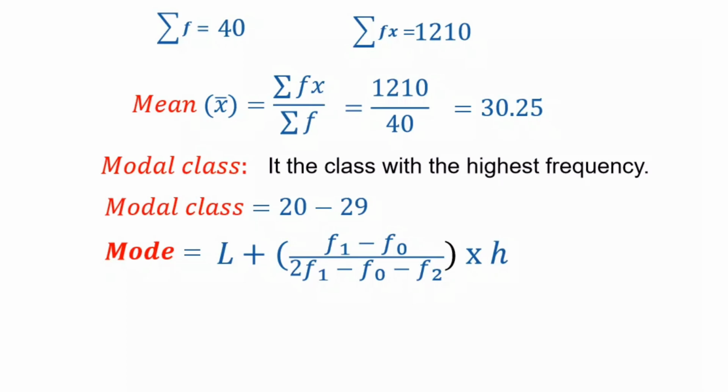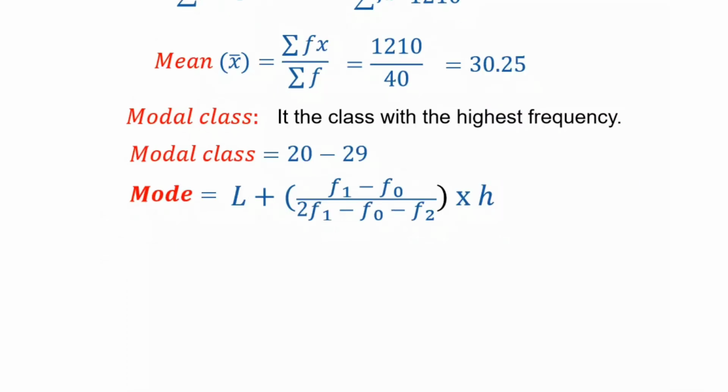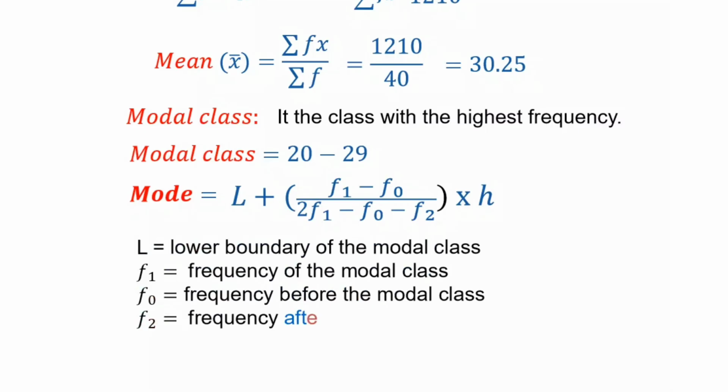Now let's define the letters in the formula. L stands for the lower boundary of the modal class. We have already calculated the modal class, so we will find the lower boundary in our table. Then F subscript 1 is the frequency of the modal class. Once we know our modal class, we can find the frequency.